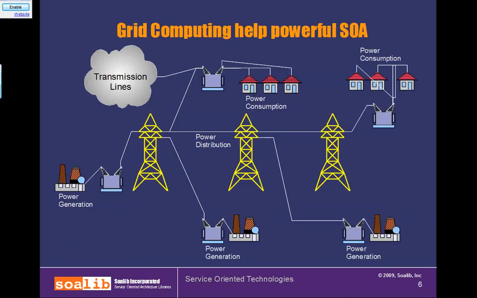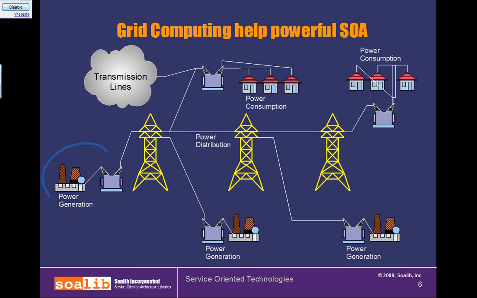Now, in our first slide, we saw that cloud computing is a composition of grid computing and service-oriented architecture. In this slide, we are going to explain what grid computing really is. Grid computing may be thought of as power generation.